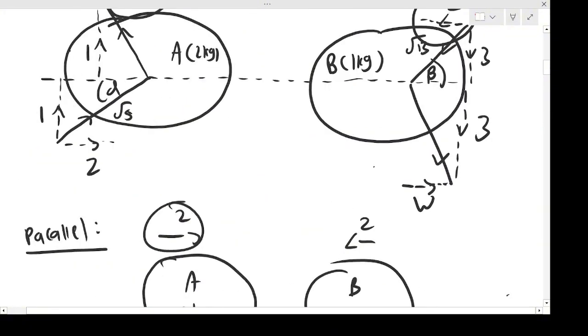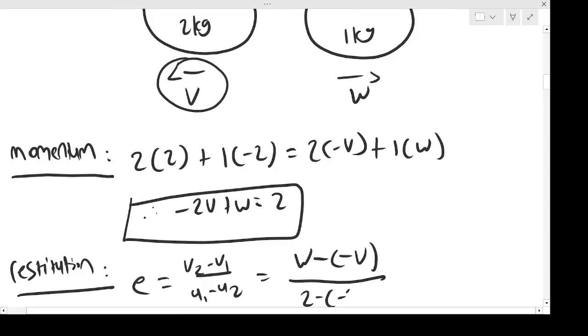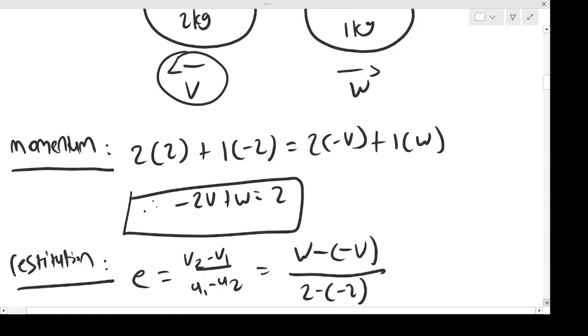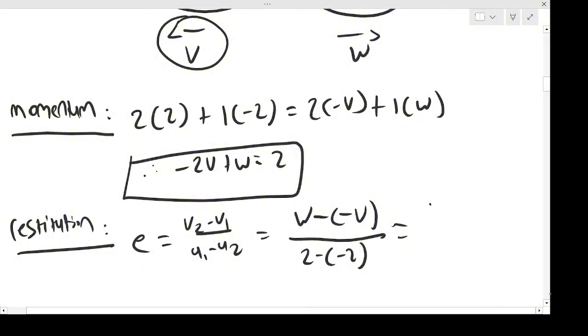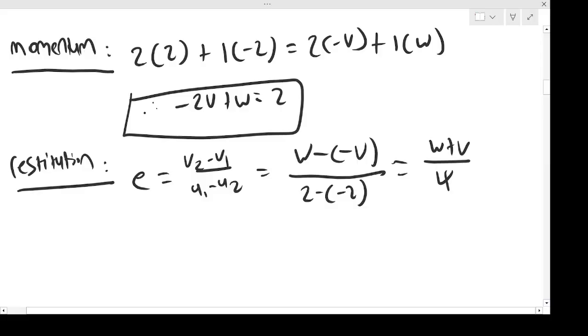So it's going to be 2 take away 2, but this 2 here is again going backwards. So we need to negate that. So it's going to be 2 minus minus 2 like that. Hopefully happy with that. So that's going to be W plus V over 4. Okay. Again, pay attention to your negative directions. We must negate things if they're in the negative direction, going backwards. Right, so there we are.